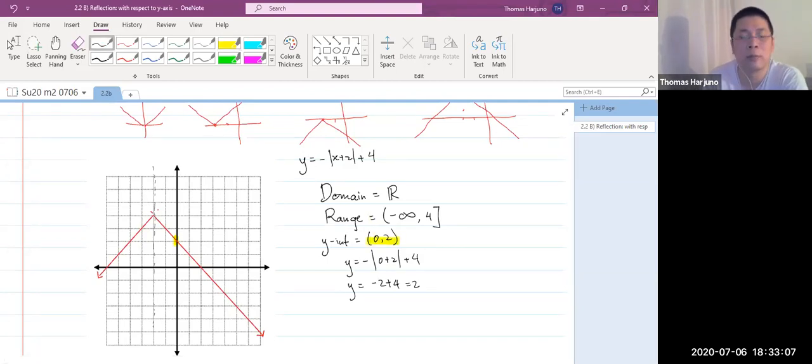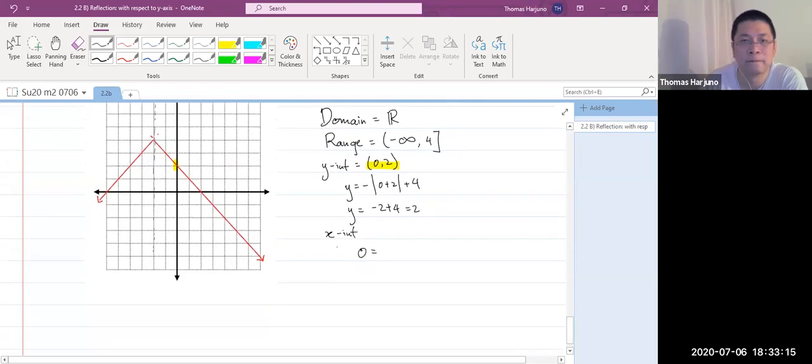Okay. Now how about the x-intercept? We set y equals 0. Negative absolute value of x plus 2, plus 4. Move the absolute value to the left-hand side to make it positive terms.